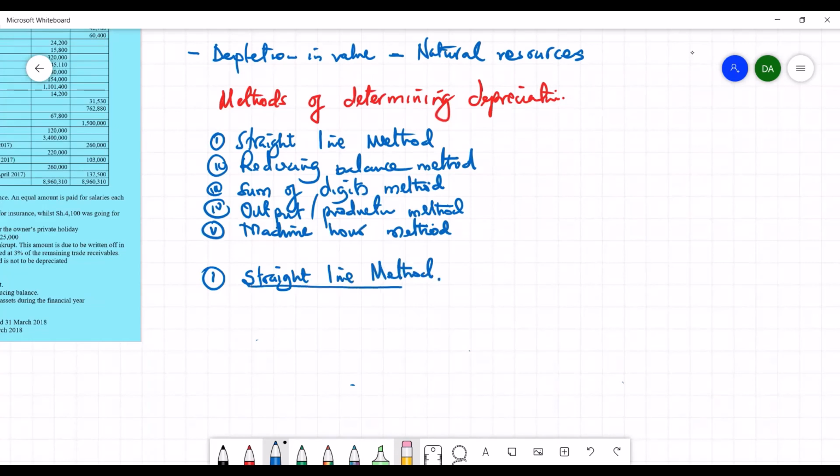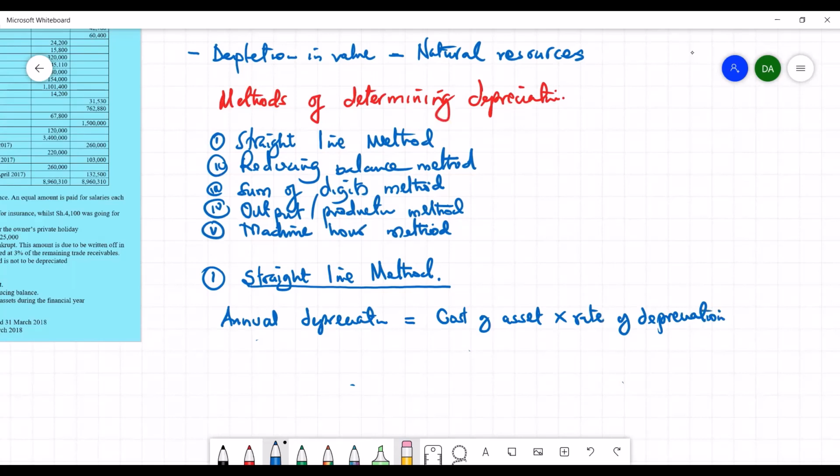Using the straight line method, annual depreciation is determined as the cost of the asset times the rate of depreciation. So a constant rate of depreciation is applied on the cost of the asset to determine the depreciation for a given year or for a given period.